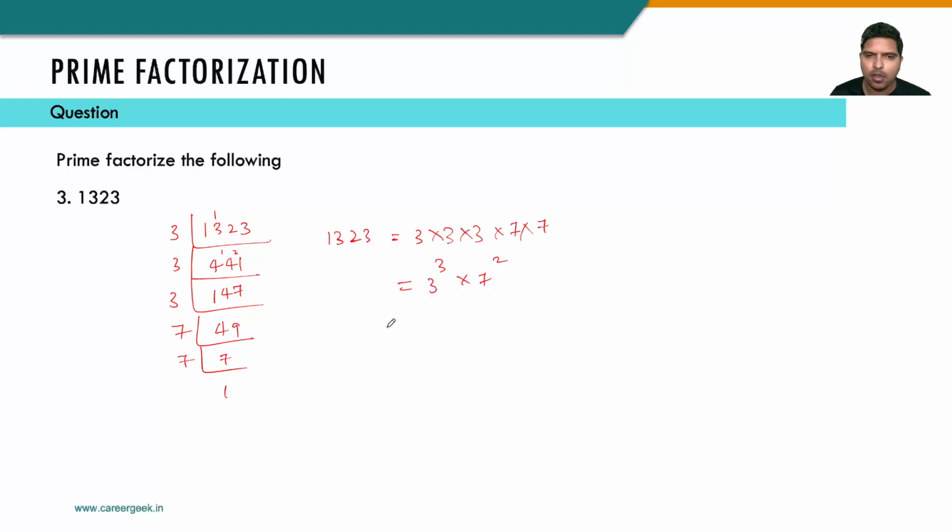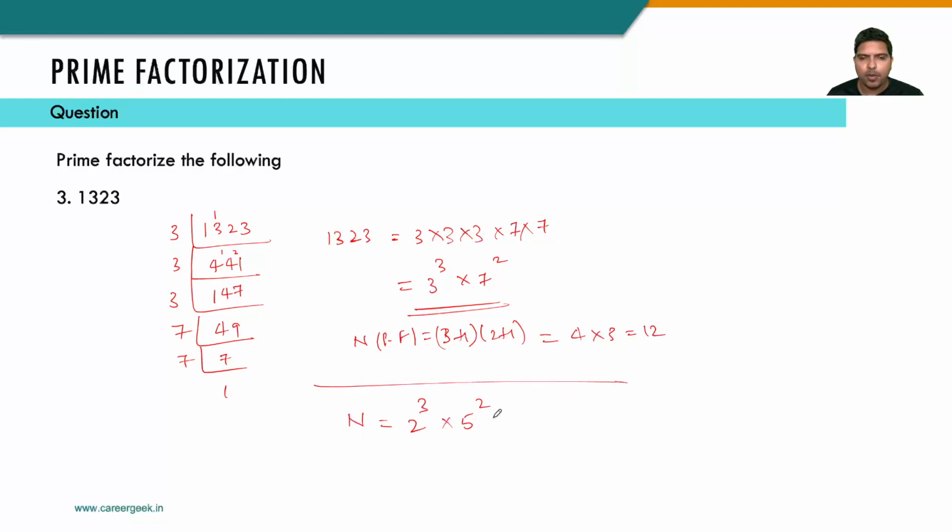Okay. So again, if you want to find the number of positive factors, 3 plus 1 multiplied by 2 plus 1. Okay, an interesting fact: let's say if some number n is, I'm writing a similar number, 2 cube multiplied by pi square.